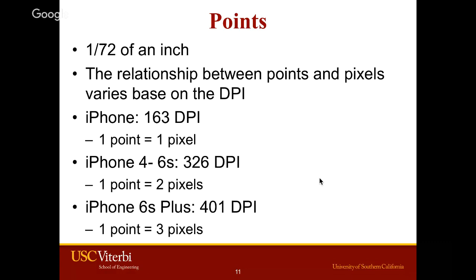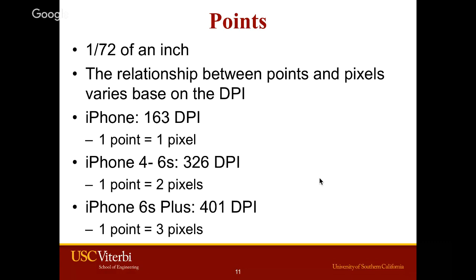So for you guys, when you're developing your user interfaces and your images, the proper way to do it would be to have one image and have 3 different sizes.